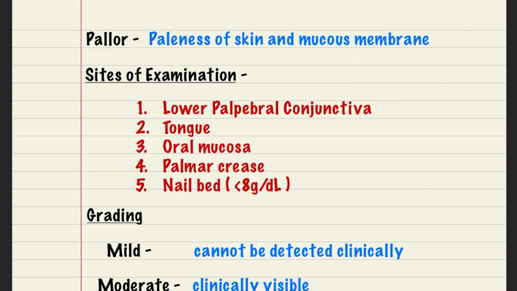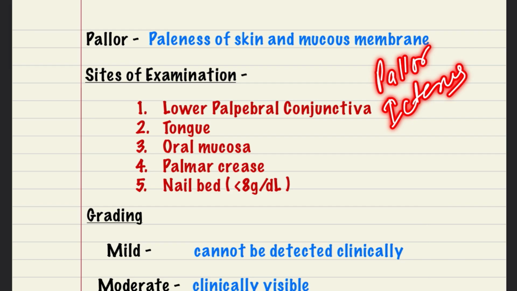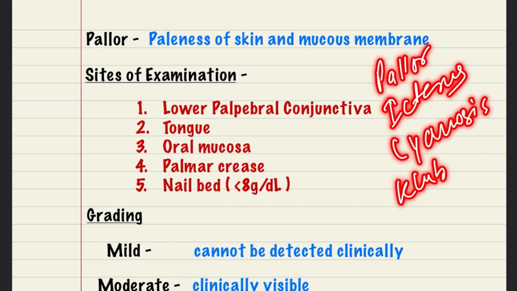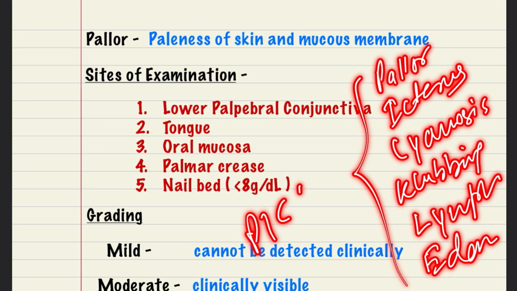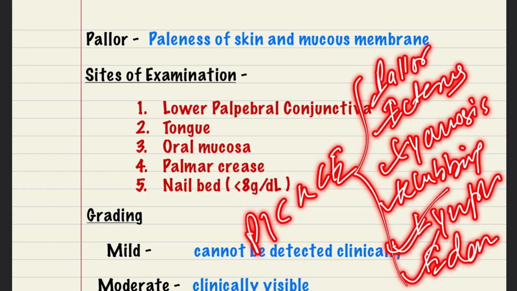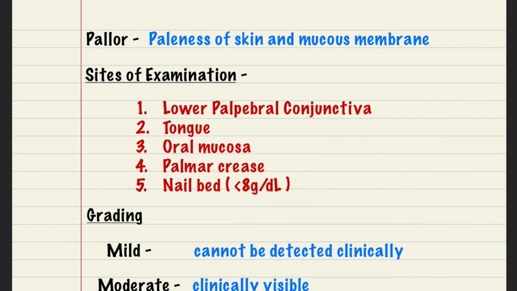Then the pallor, then the icterus, then the cyanosis, then the clubbing, then lymphadenopathy, and then the edema. So it is basically PICKLE, P-I-C-K-L-E, which is pallor, icterus, cyanosis, clubbing, lymphadenopathy, and edema. So these are the things that we are going to discuss in this video today.